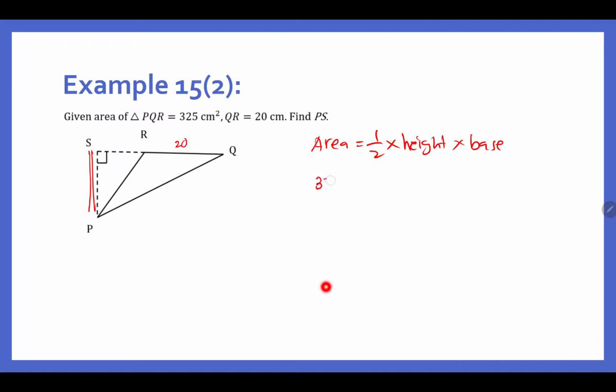So area is 325 equals 1 over 2. So our height is PS times base. Base is 20. Base ni tak semestinya dekat bawah sekali. Kalau you all tengok dekat bahagian bawah ni tak ada tapak dia. So yang ni lah jadi tapak dia, RQ. So PS akan dapat 32.5 cm.